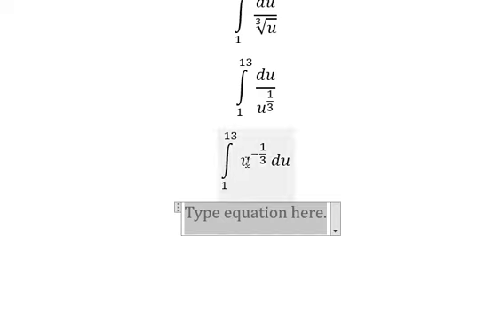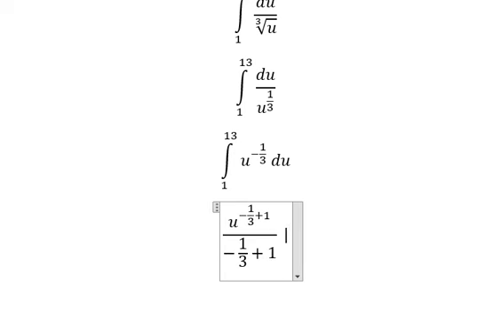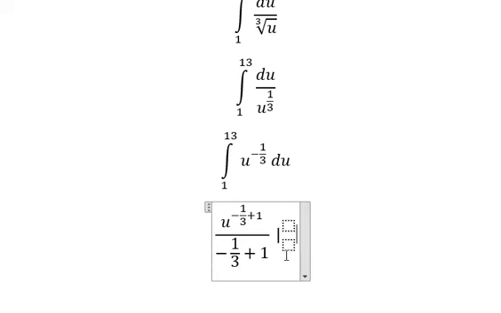The integration of this one is u to the power of negative 1/3 plus 1, over negative 1/3 plus 1. And we can put the bounds in here, from 1 to 13.